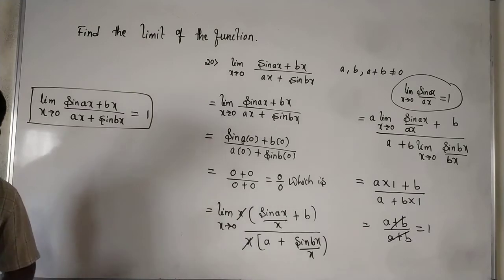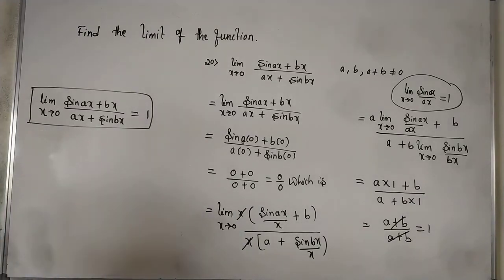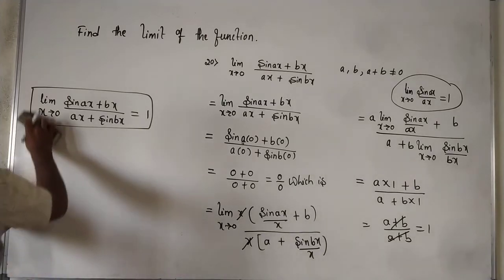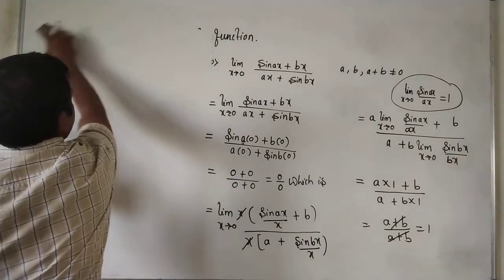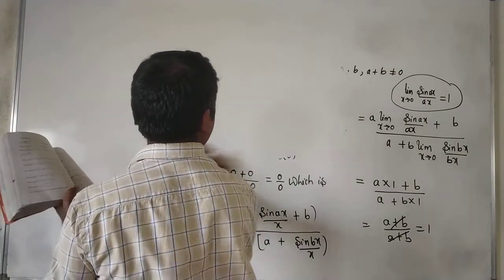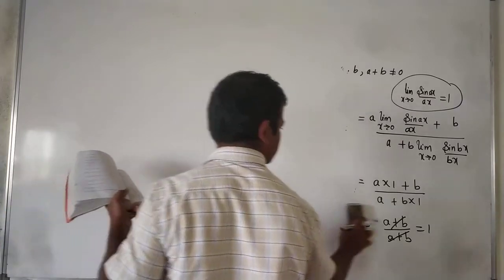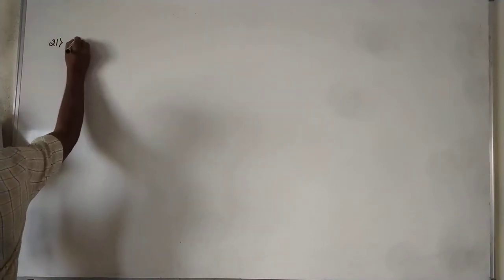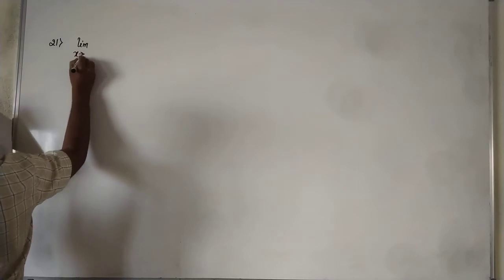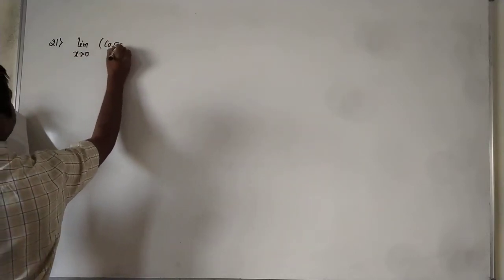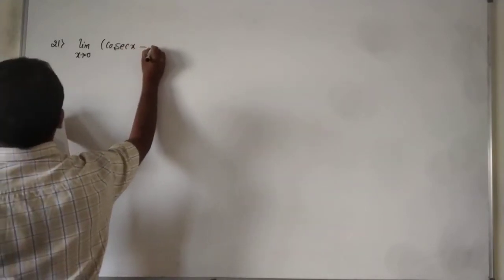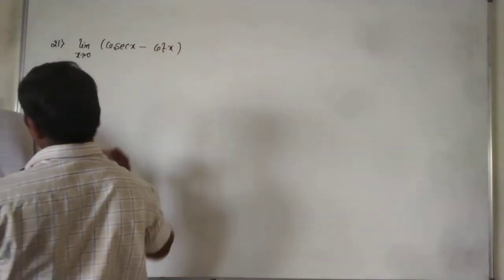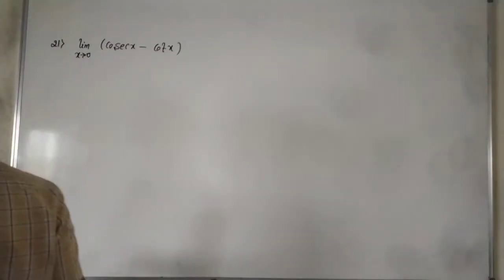So this problem. Next we move to the limit as x tends to 0 of cosec x minus cot x.